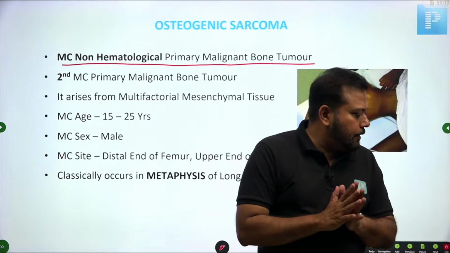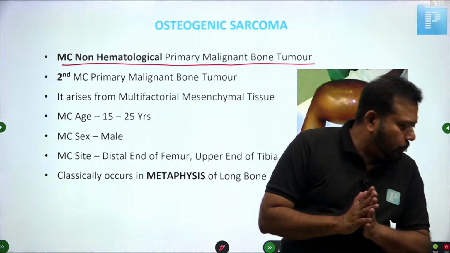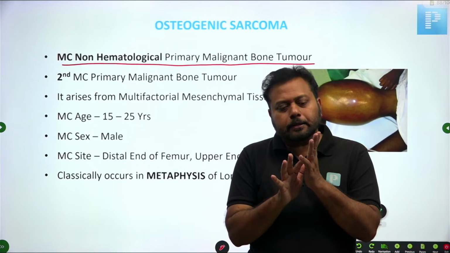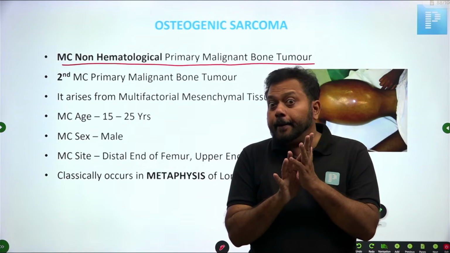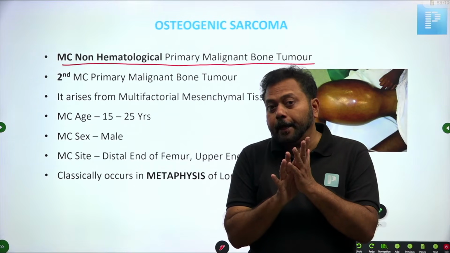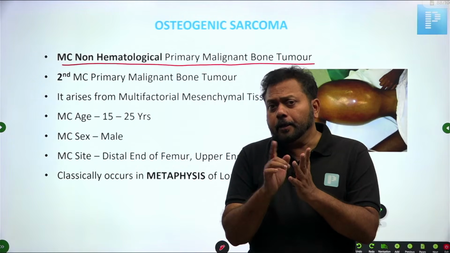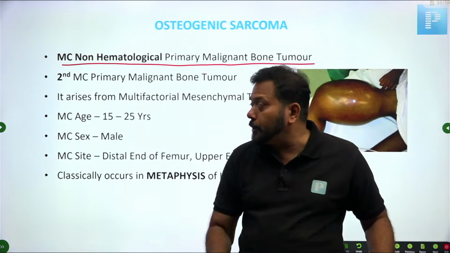Okay, one more time: most common bone tumor, secondaries; most common primary malignant bone tumor, multiple myeloma; most common primary benign bone tumor, osteochondroma; most common primary non-hematological malignant bone tumor, osteogenic sarcoma.